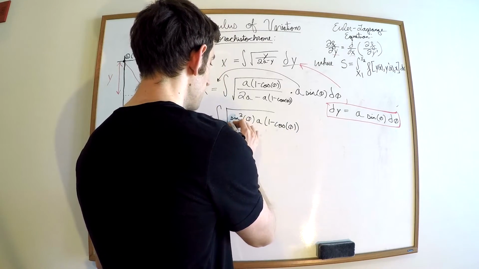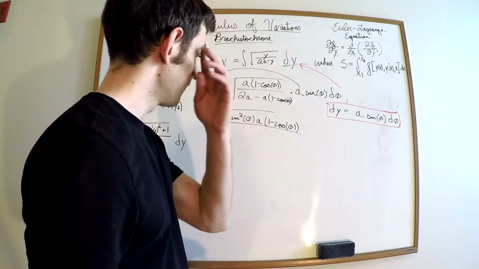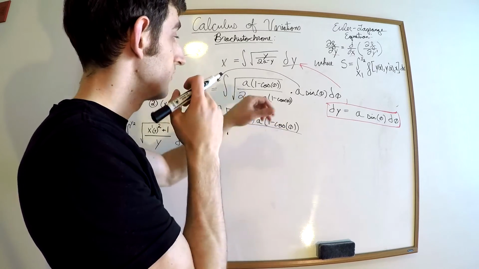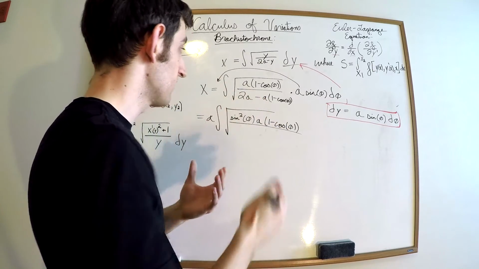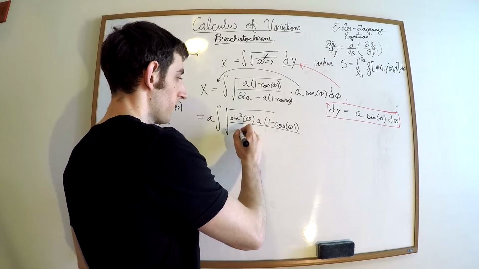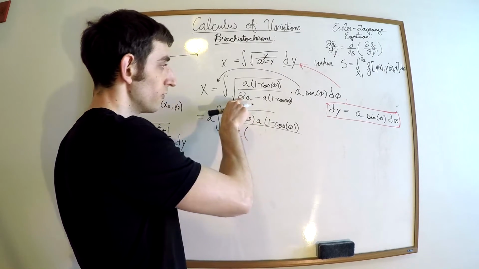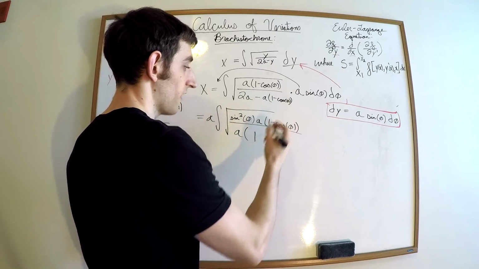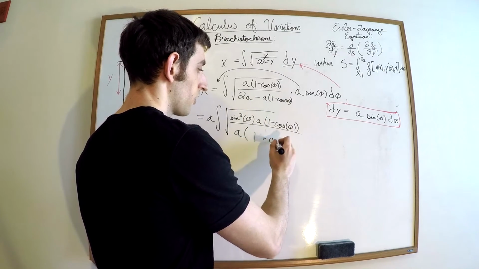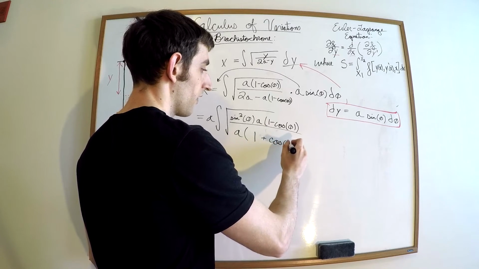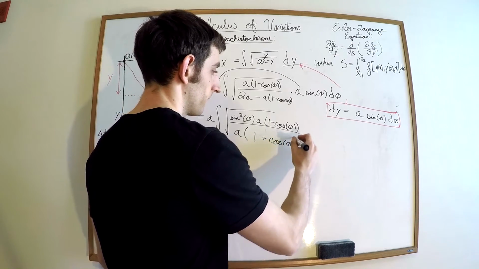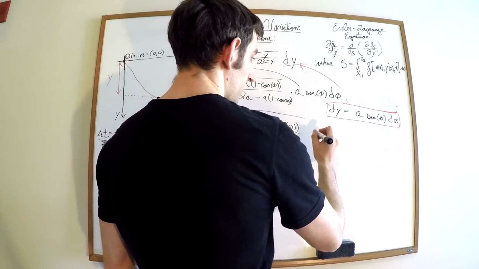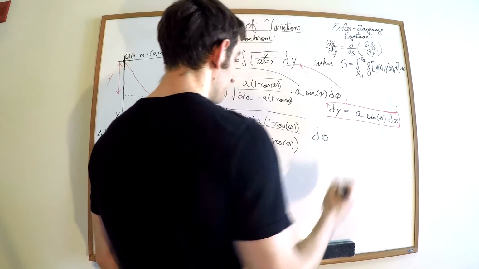This is all going to be over, now this is why I put the a in here, such that we can pull this out. So I'm going to pull out the a, and then we end up with 2 minus 1, so that becomes 1, minus minus, so that becomes plus, cosine theta. All right? And then we also have the d theta still.